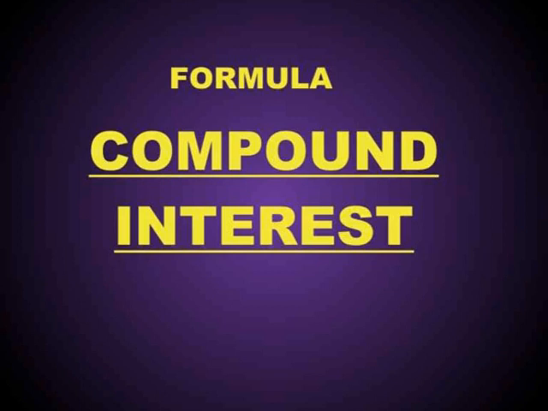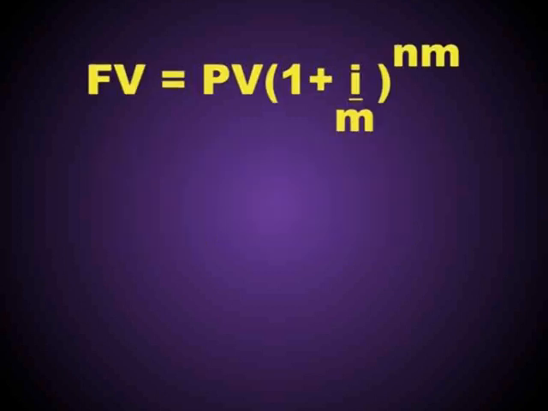By applying that concept, we come to the following formula. Future value is equals to present value times by 1 plus i over m to the power nm.